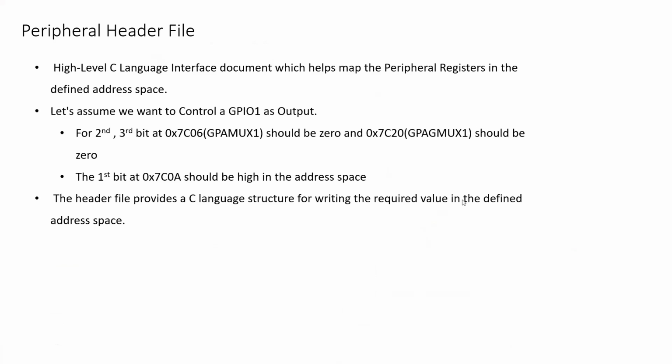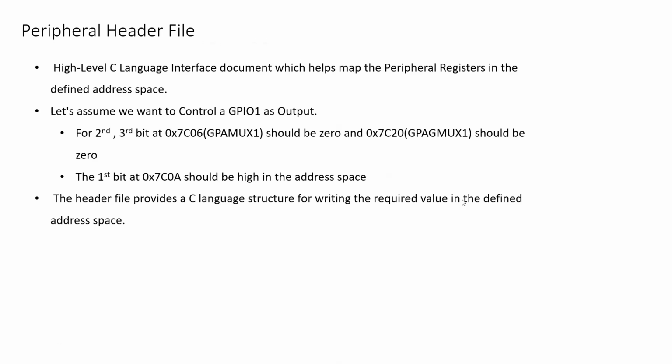Now let's talk about what the peripheral header file actually is. As I've conveyed in the lectures, you should try to ask yourself why and why. Basically this header file is a high level C language interface document which helps map the peripheral registers in the defined address space. Let's assume you want to control GPIO1 as an output.